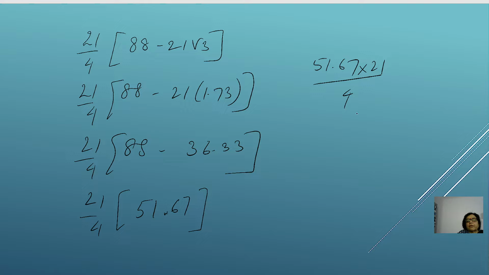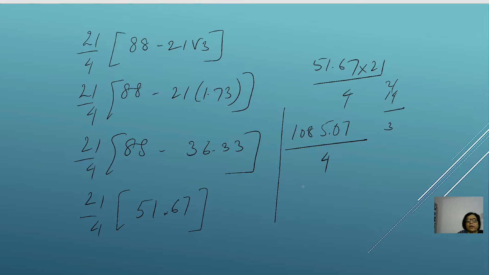So 21 7s are 147, carry over 14, 21 6s are 126. 126 plus 14, that makes it 140. So 14 remains, 21 ones are 21 plus 14, that is equal to 35. 3 remains, 21 5s are 105, so this is 108. So this is the decimal point away, divide by 4.